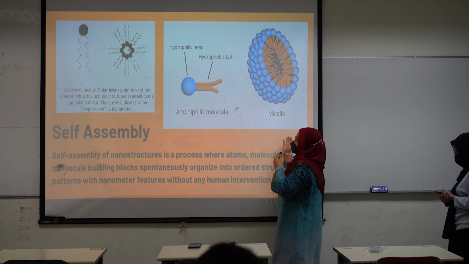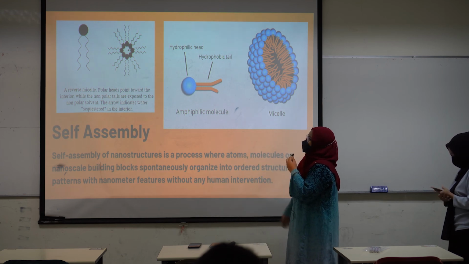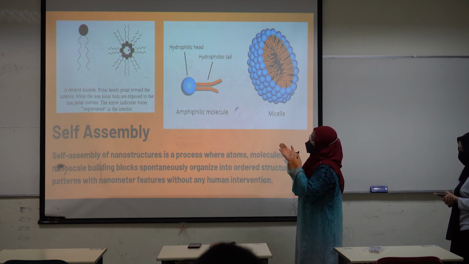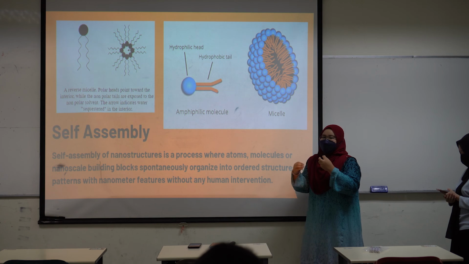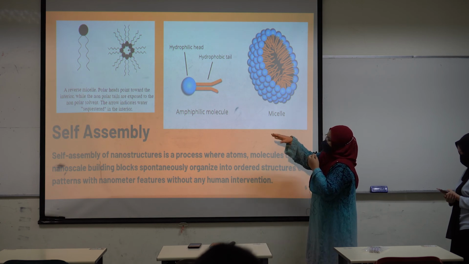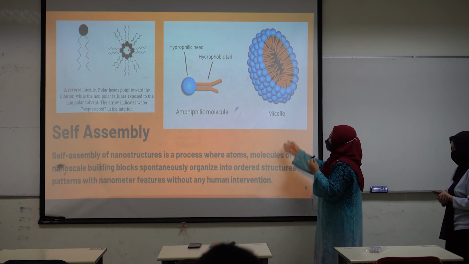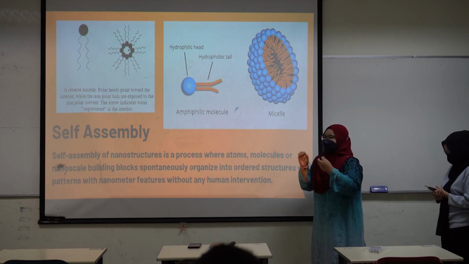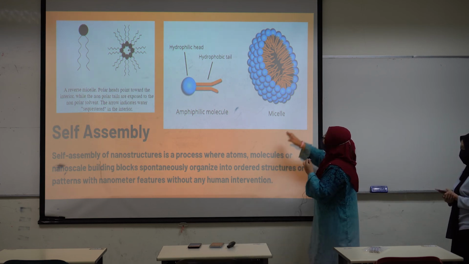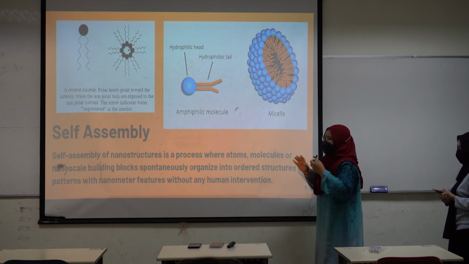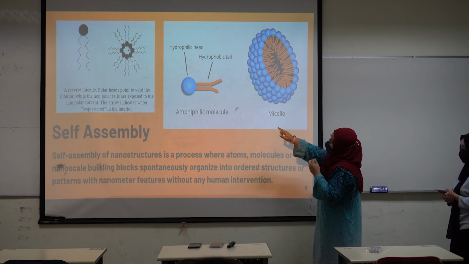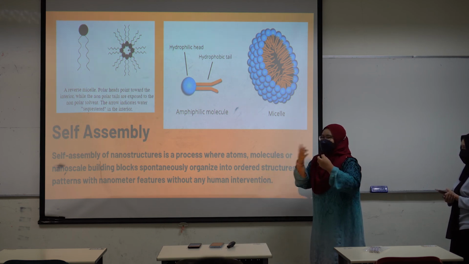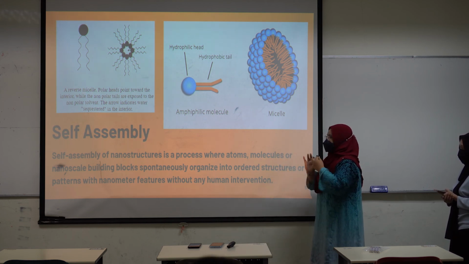So we know a micelle has amphiphilic molecules, which have a hydrophilic head and a hydrophobic tail. At higher concentration, these amphiphilic molecules will form a micelle because the hydrophobic tail is phobic to water. So it will form this structure to avoid water, and the hydrophilic head, because it loves water, will be outside of the micelle.